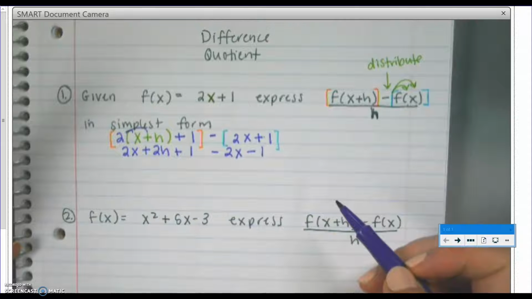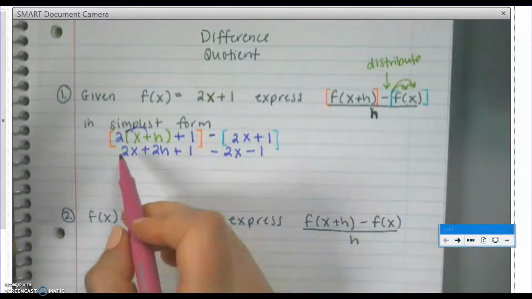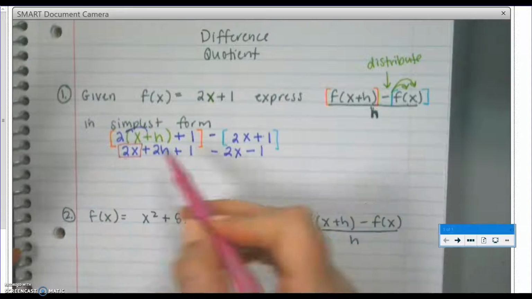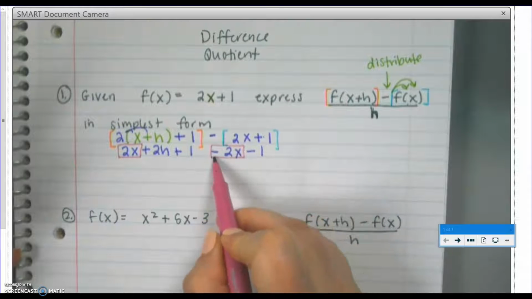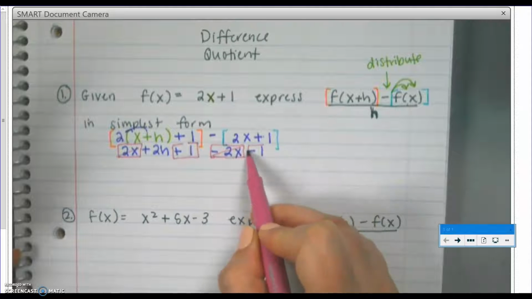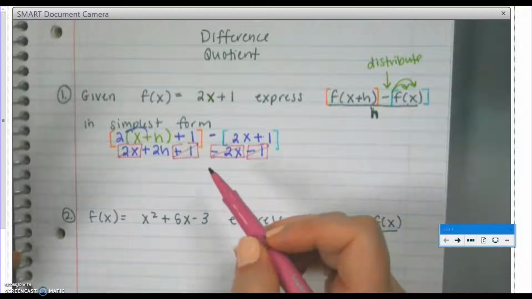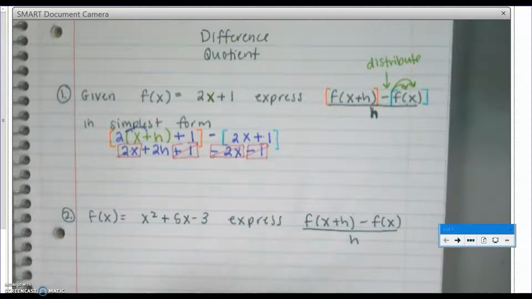All right, and any like terms I have, I'm going to go ahead and combine those. So I can see I have a 2x over here minus that 2x, so those will cancel. I have a positive 1 and a negative 1, so those will cancel. So the only thing left in my numerator is 2h.